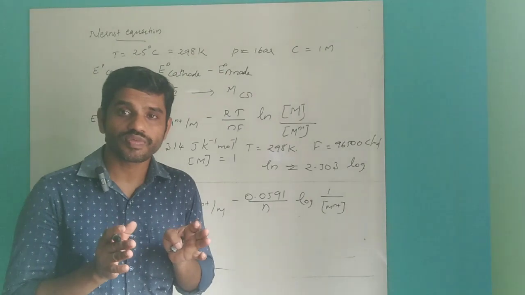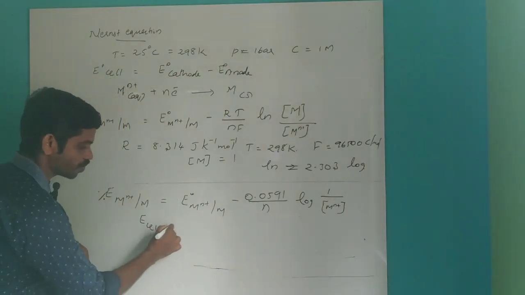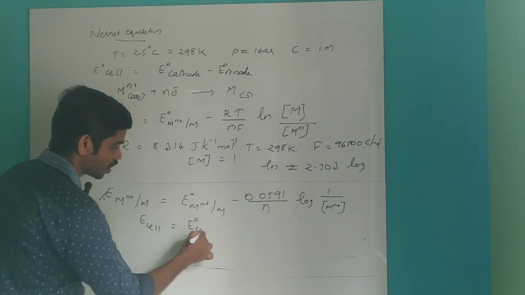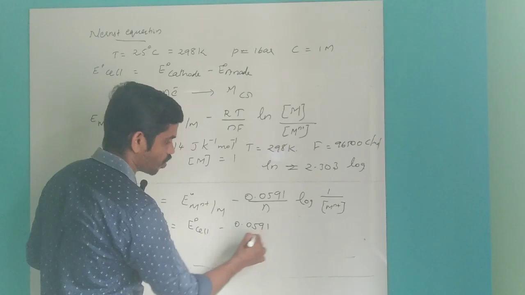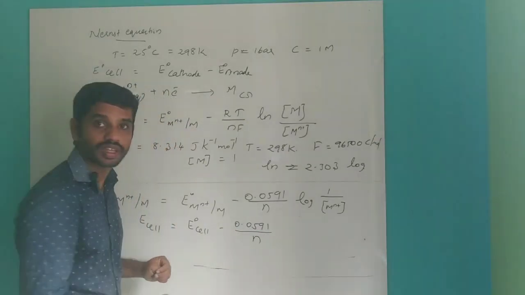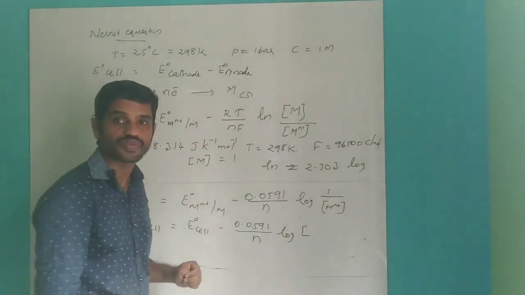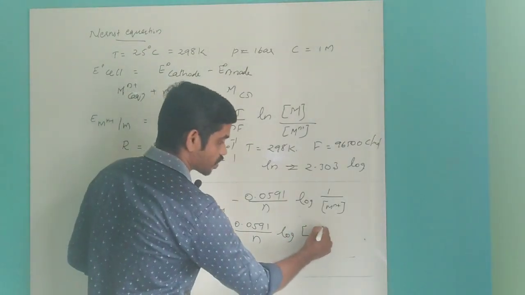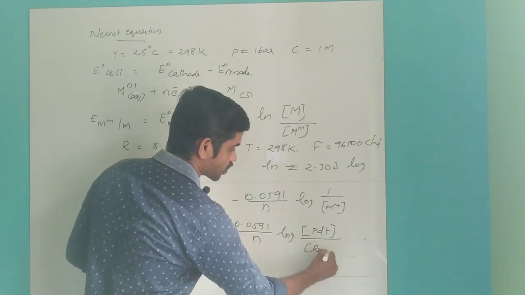So what is the EMF of the cell? This is very important. E cell is equal to E0 cell minus 0.0591 divided by n log of the concentration of the product divided by the concentration of the reactant.